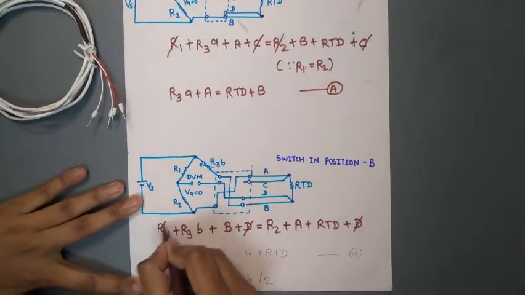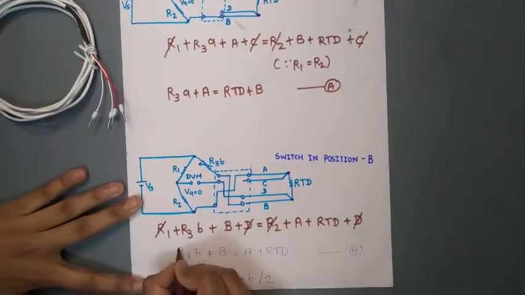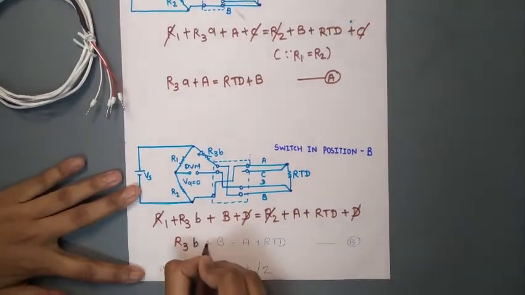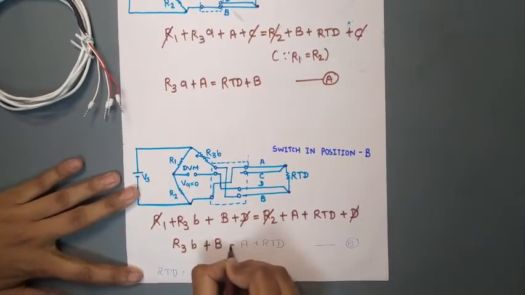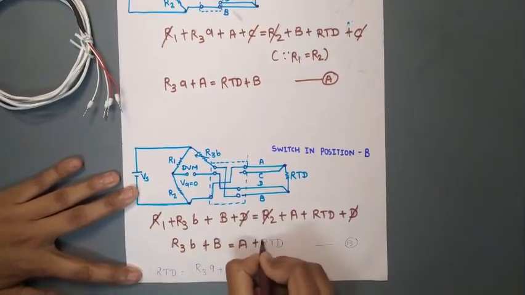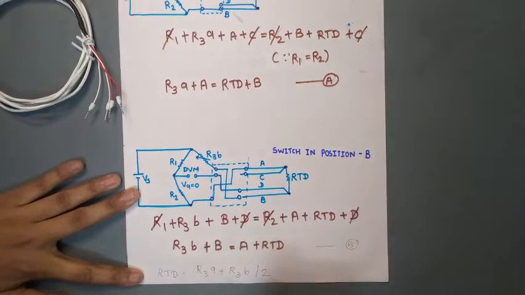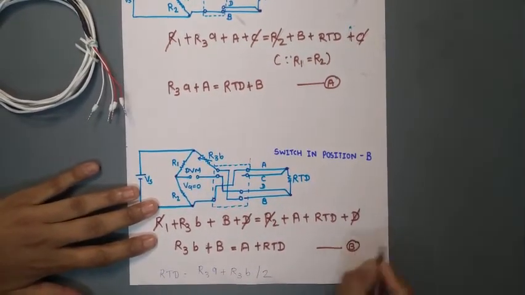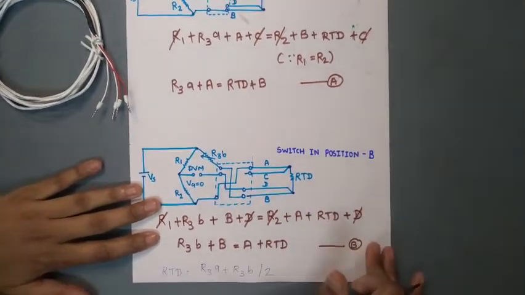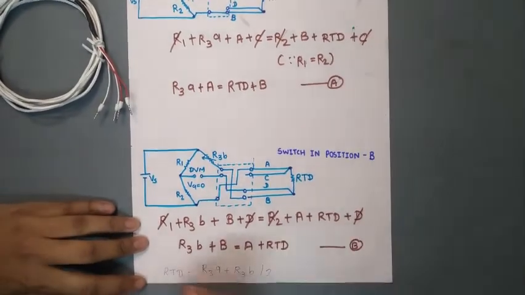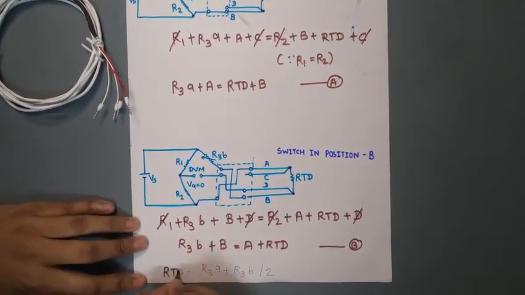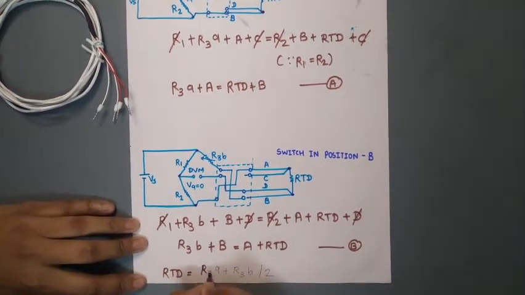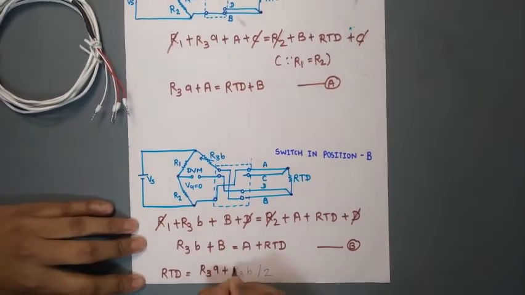Also R1 and R2 get cancelled. So R3B plus B is equal to A plus RTD. This is equation B. And from equations A and B we get the result: RTD is equal to R3A plus R3B divided by 2.